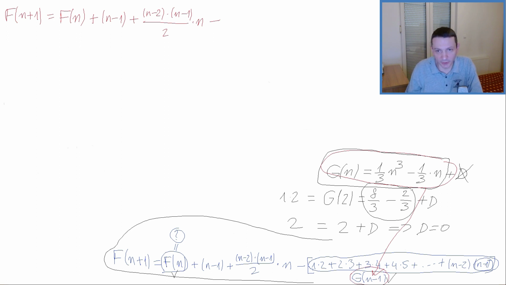So this last one, g of n minus 1, I will use this formula here. So this will be minus 1/3 n cubed, but actually n minus 1 cubed. I have formula for g of n, and I'm using g of n minus 1 here. So I'm using this formula, but I'm replacing n with n minus 1 here and here. So I'm getting this term and also this term.